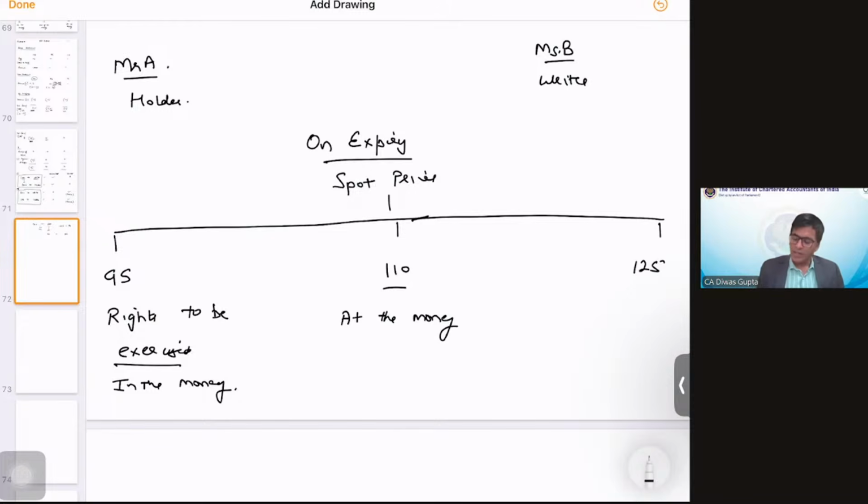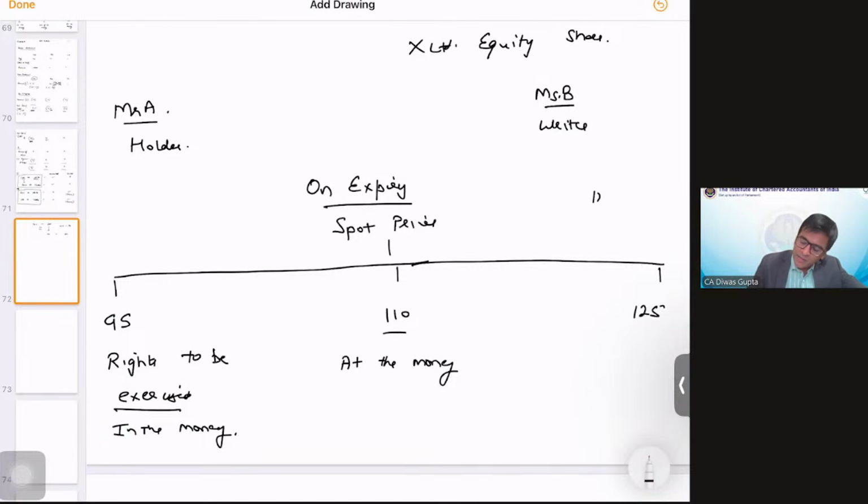If the price becomes 125 in the open market, am I going to sell through this contract at 110? The answer is no. Perfect. Because I'm going to sell in the open market itself. But in this case, is there a need for me to pay the option writer the 125 minus 110 rupees difference? Come on, students. Am I obliged to pay this 15 rupees to the option writer? Come on, yes or no?